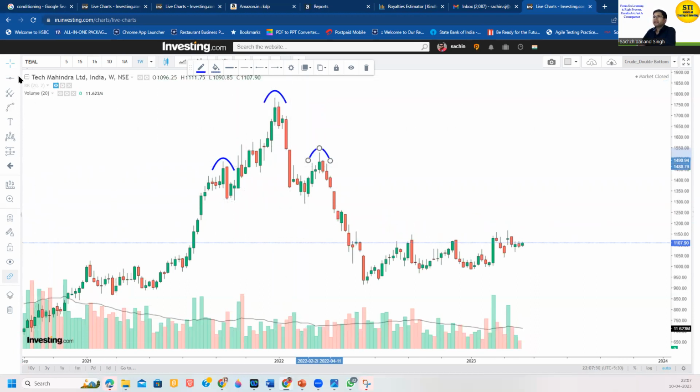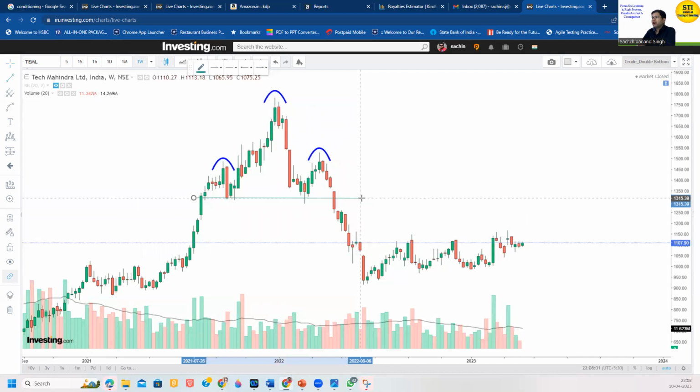If you combine both, that will make a neckline. So I'll join them maybe something like this, or we can keep it horizontal.